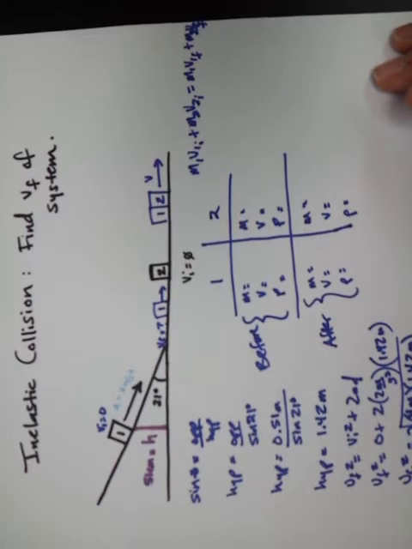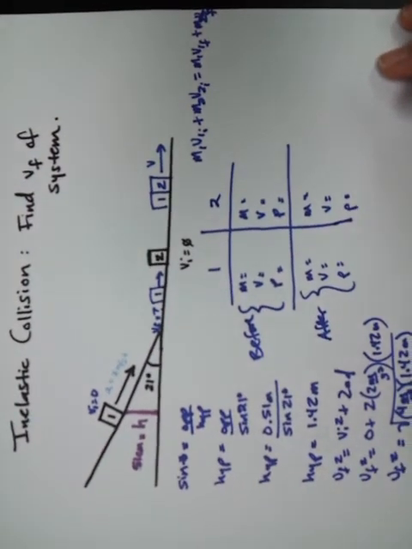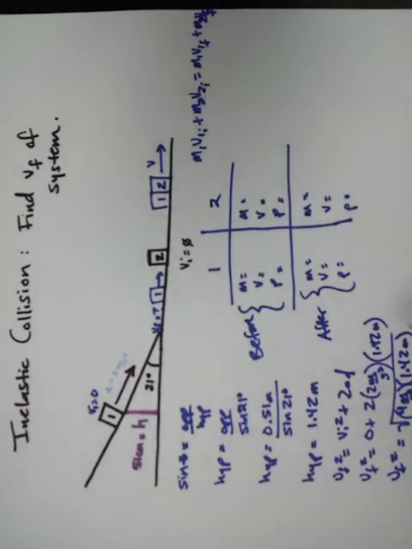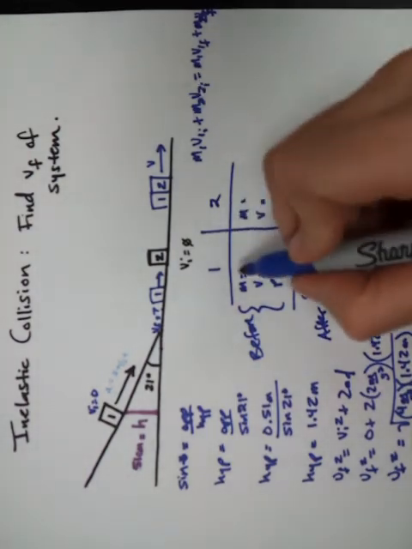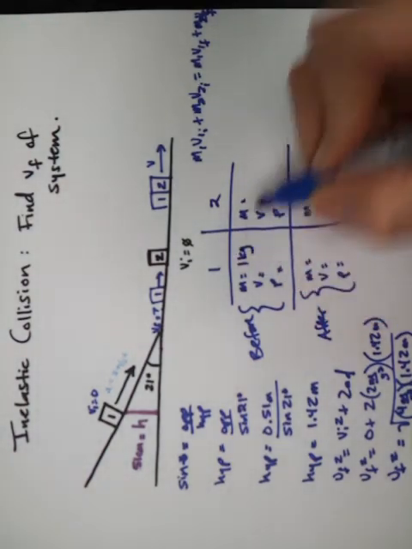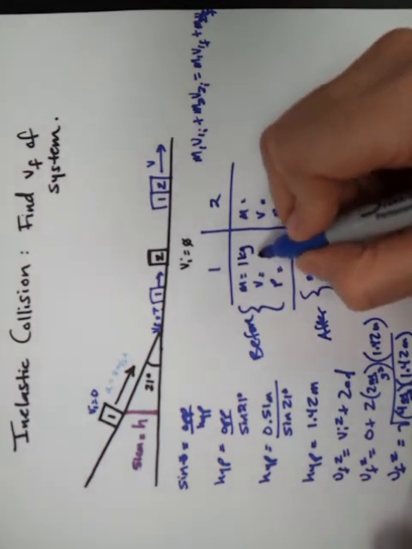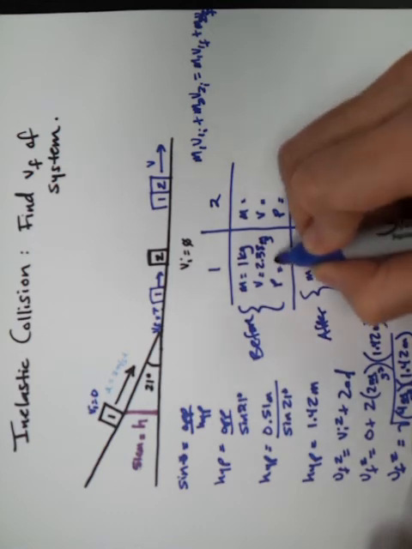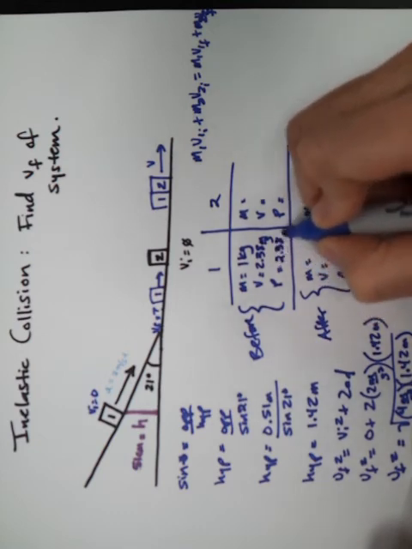And that's your law of conservation of momentum. The total momentum before is the same as the total after. So if we have our information, this is 1 kilogram, this is 2.38 meters per second. So this is 2.38 kilograms times meter per second.